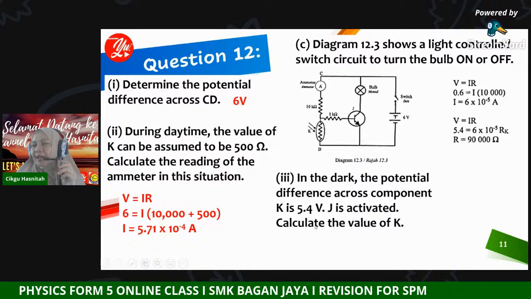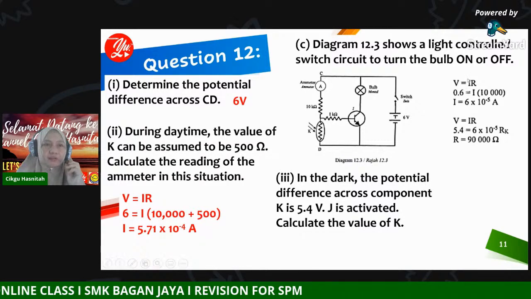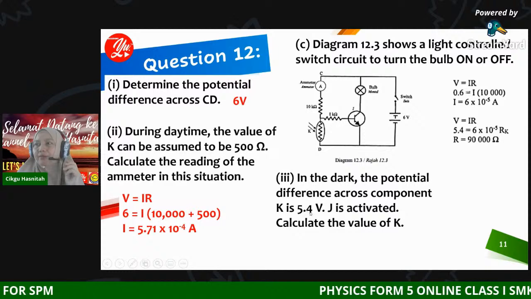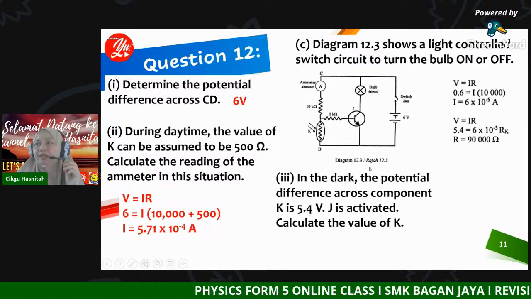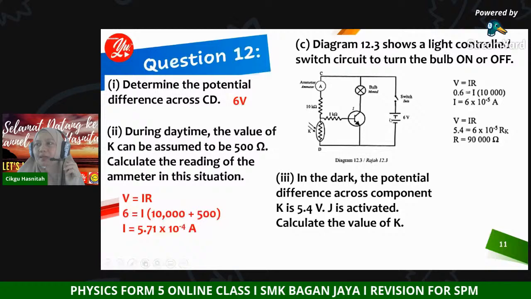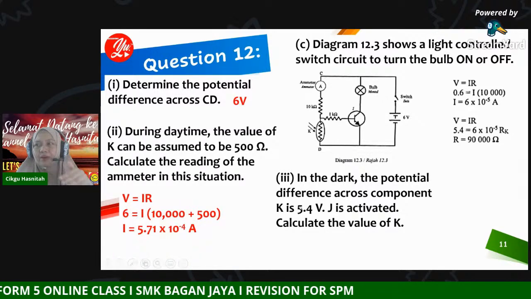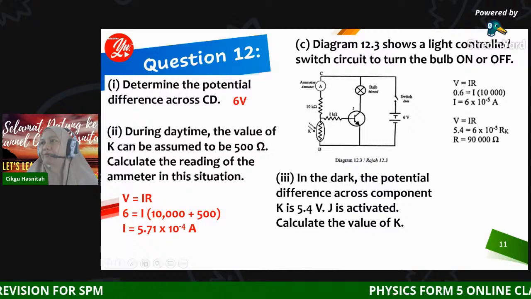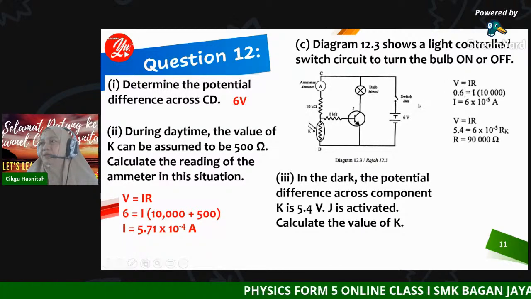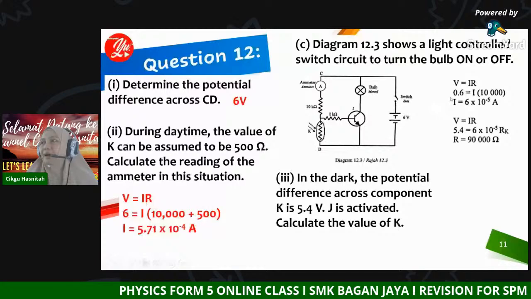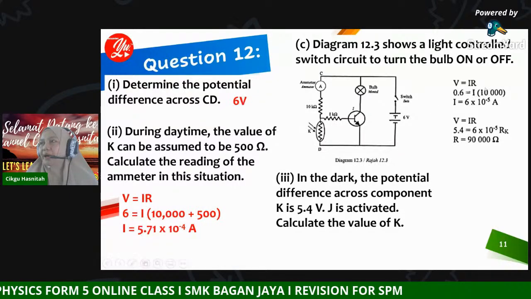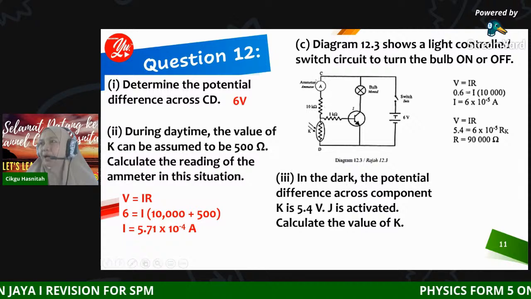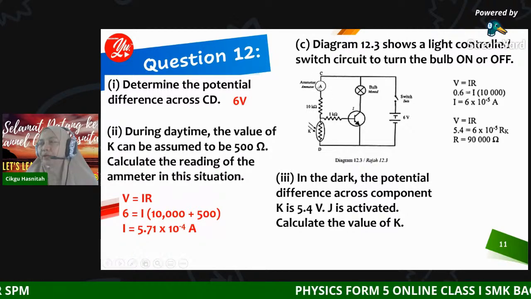So first, to find the resistance, we find how much current flows in K now. When the voltage is 5.4, at daytime the voltage was 6, now it drops to 5.4 volt. So we calculate I, where V is 0.6, the voltage from the supply, and R is 10 kilo ohm. We want to count how much current now flows through the ammeter.